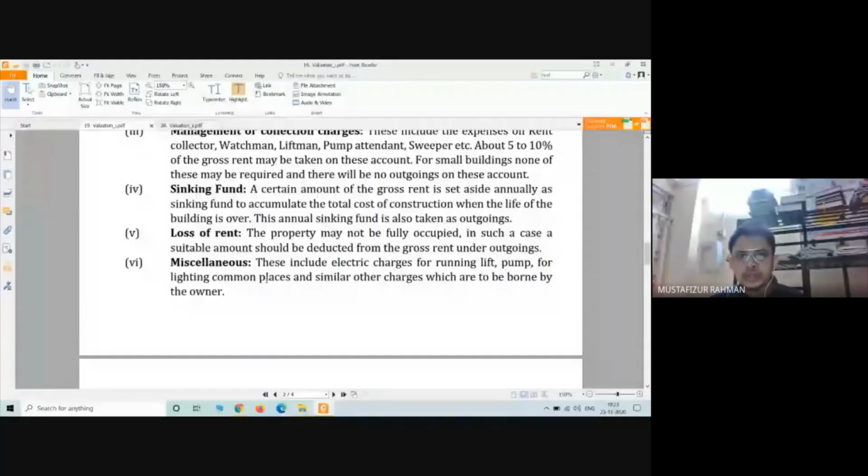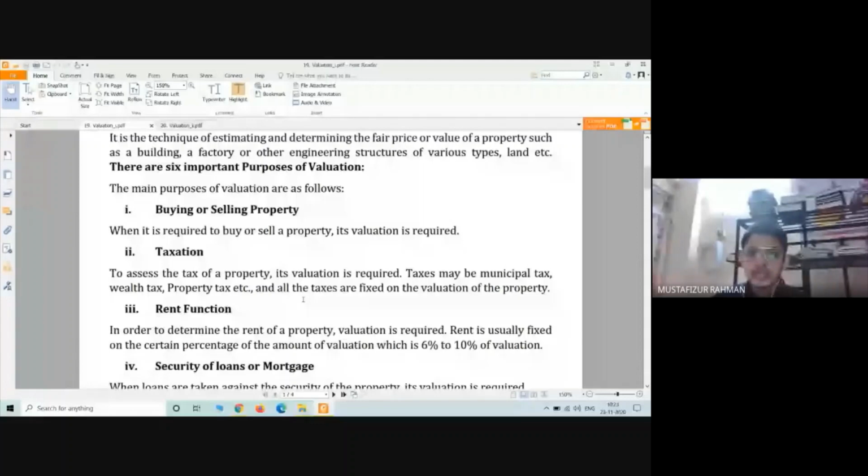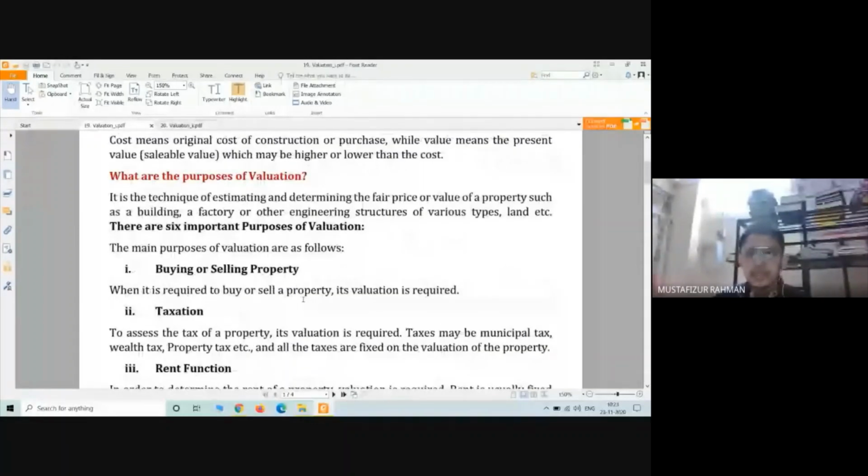So that is pretty easy. And then we have to do valuation for all these purposes. And what is valuation? We are finding out the price, the value of the property at present day, at present situation. That is valuation.